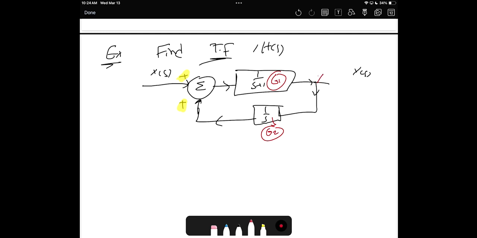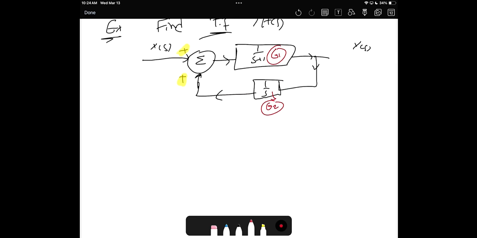So here, this is y, this is y times G2, this is x, so that here it's the sum, so it will be x plus y G2, then y will be x plus y G2 times G1. Okay? Does this make sense? Now let's substitute them.